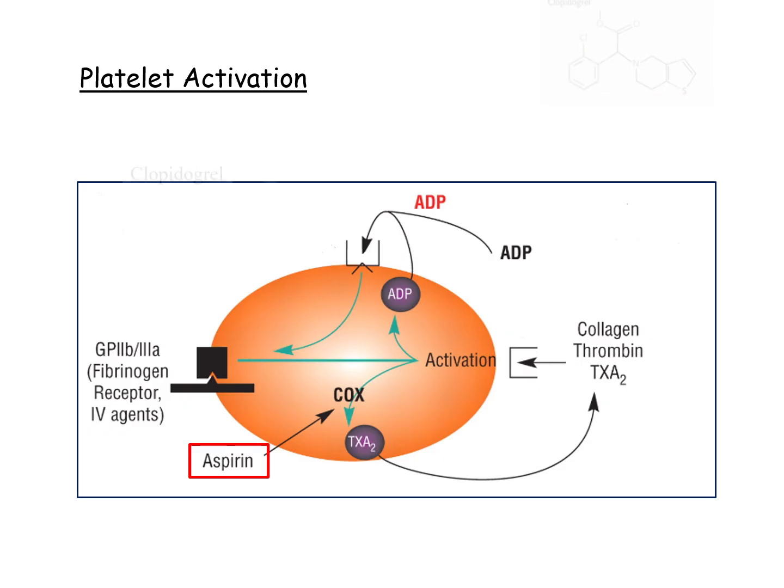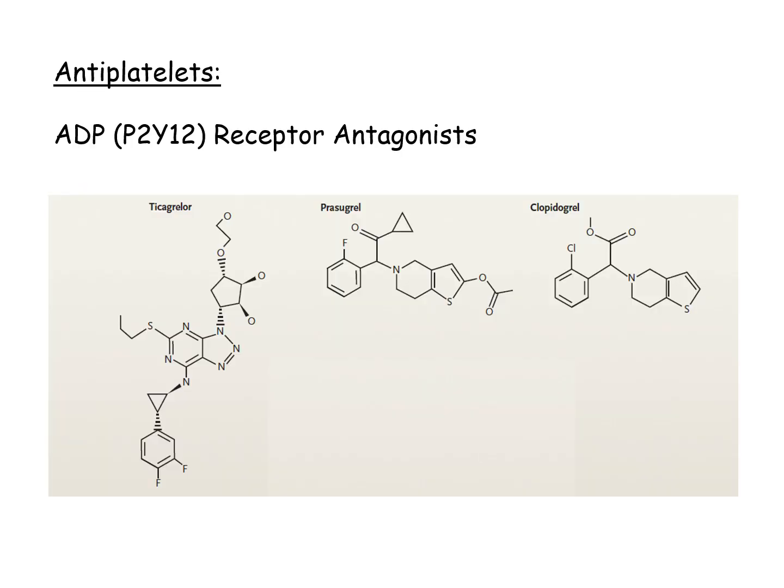Newer and more potent antiplatelet medications were introduced, such as clopidogrel, which is an ADP receptor antagonist. Clopidogrel works synergistically with aspirin in patients with acute coronary syndromes. There are other ADP receptor antagonists that you have to be aware of, which are shown here. These include ticagrelor, prasugrel, and clopidogrel, as we talked about.